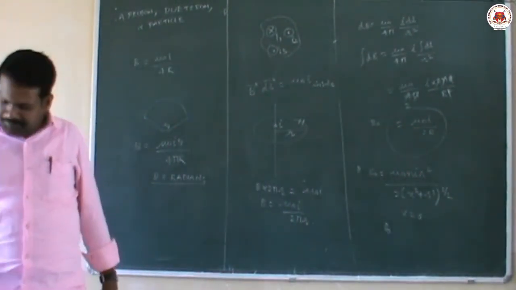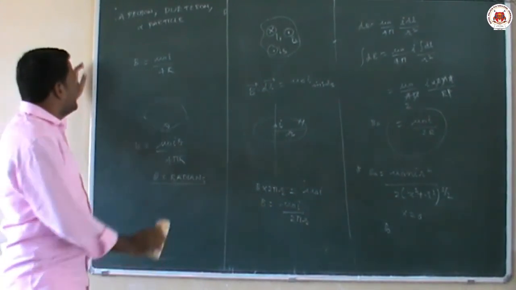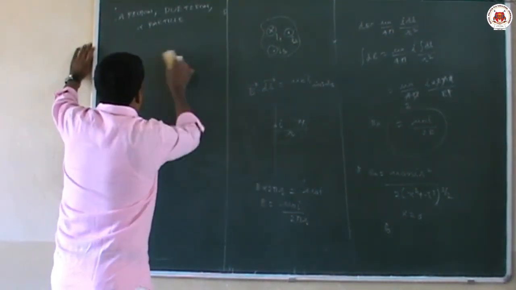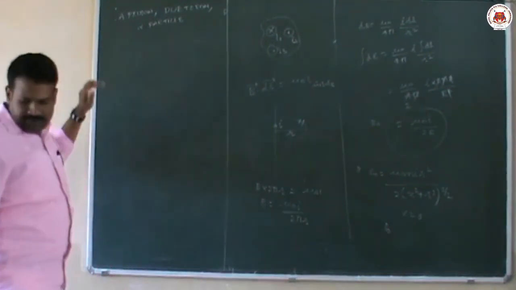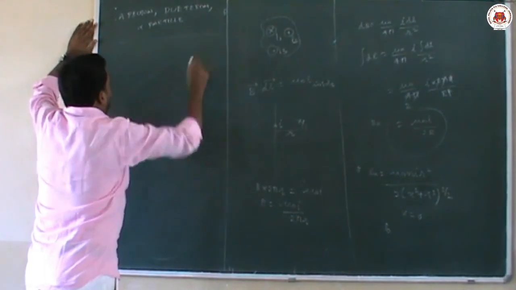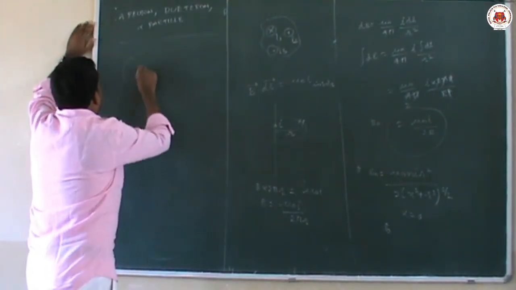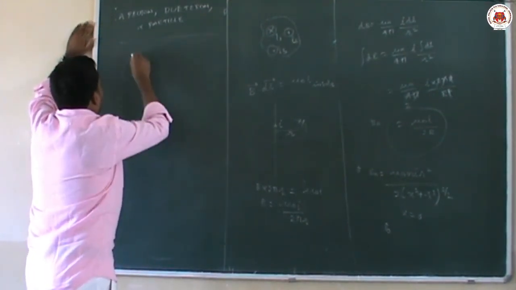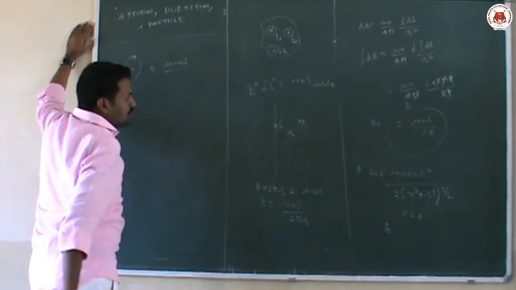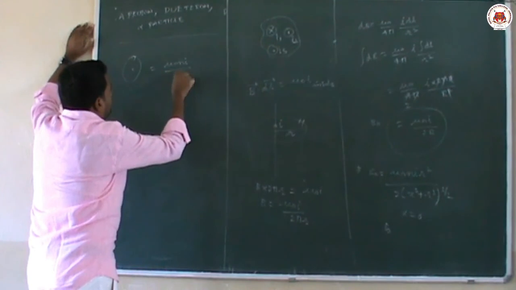So what are the formulas I have studied so far? Let us list them and close this session. The first formulas, from Biot-Savart law: the magnetic field at the center of a circular coil of N turns is mu naught N I by 2r.